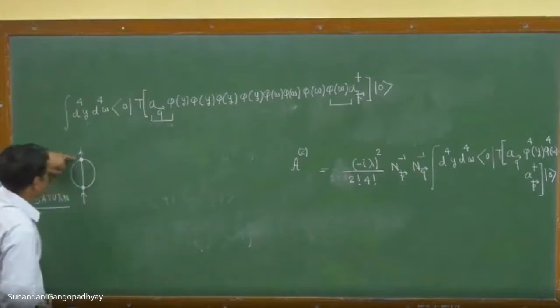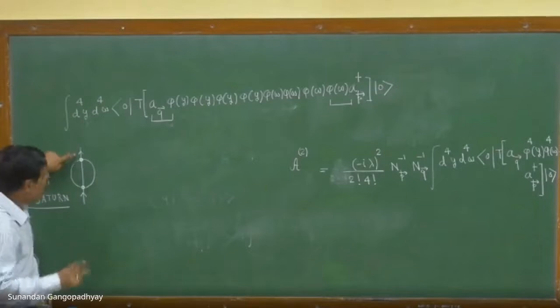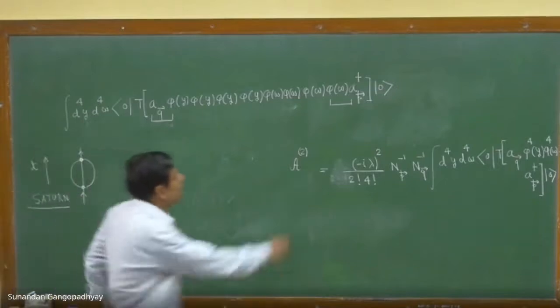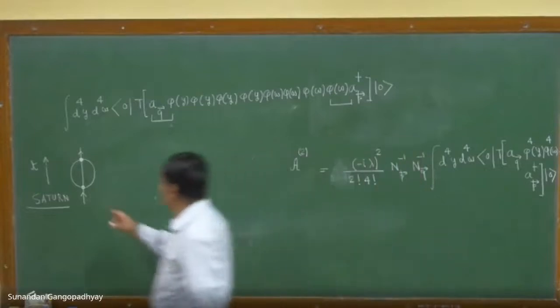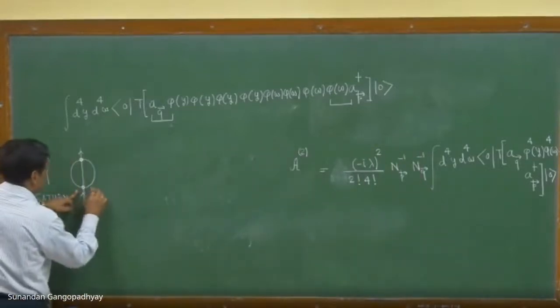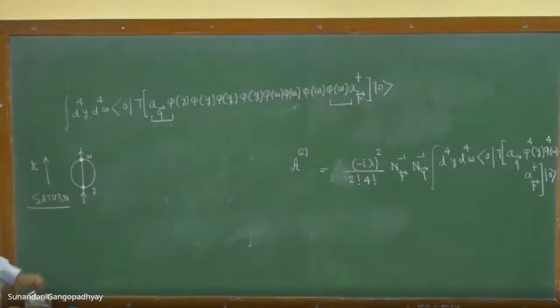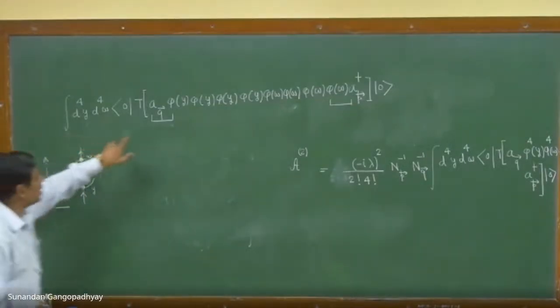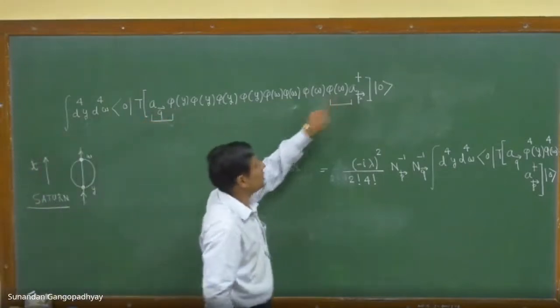And also in order to get this part of the diagram, that is, an external outgoing line, A dagger P must contract with one of the phi's. And suppose I call this vertex Y and this vertex W. So you can see that this and this can arise only out of the contraction of this with this and this with this.